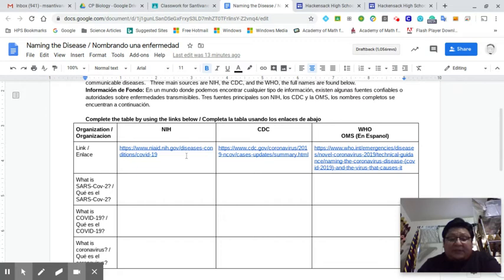Each one of these is an authority. It's not just some guy talking on TV, radio, or posting something online. If you want to know about a disease, this is where you go to find out what's going on. There are scientists giving information to the public, and we as the public can access that information by clicking on these links right here.